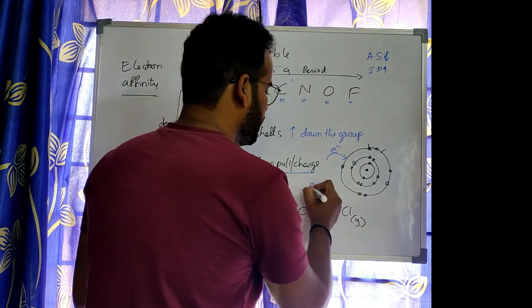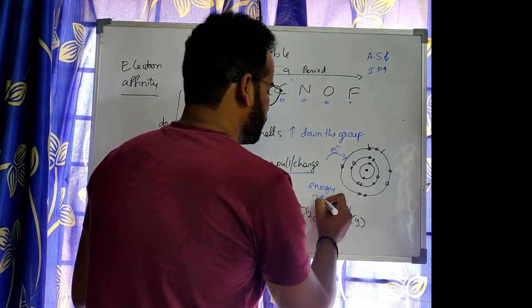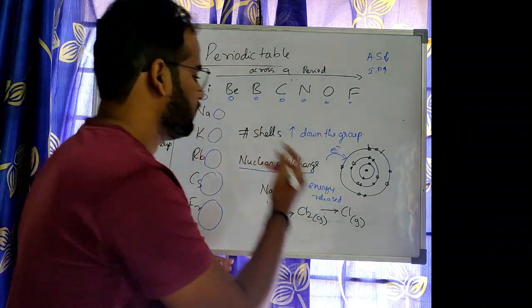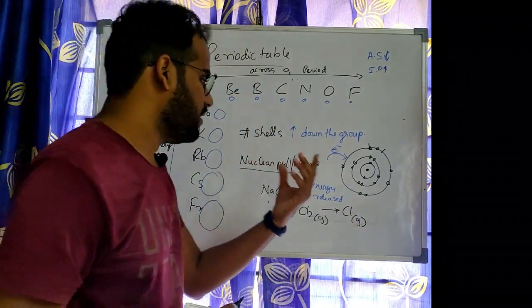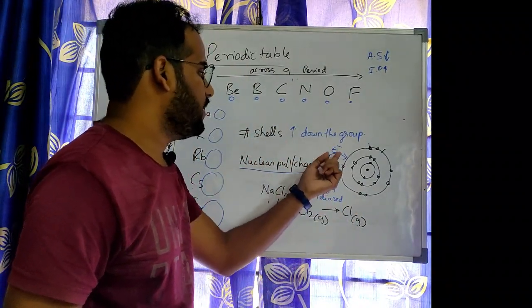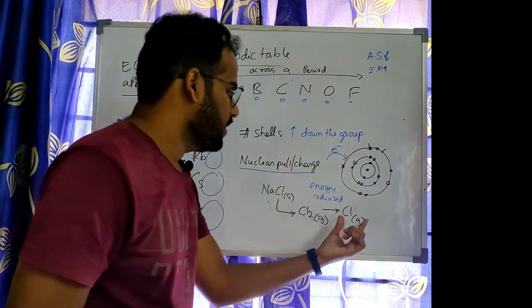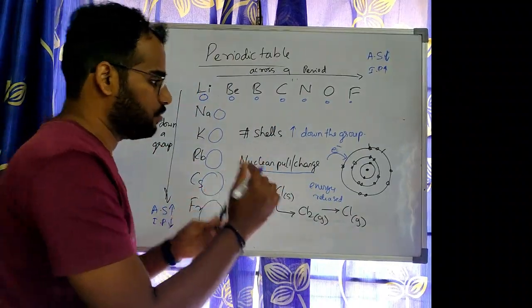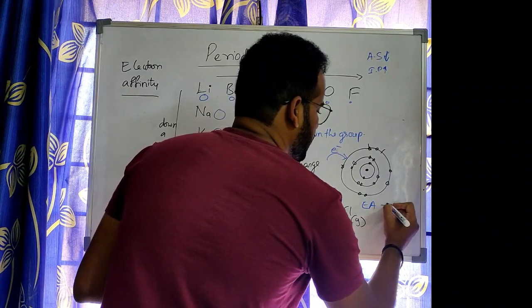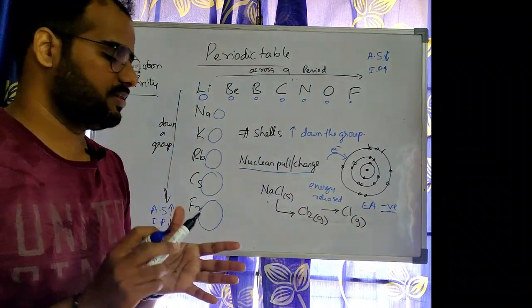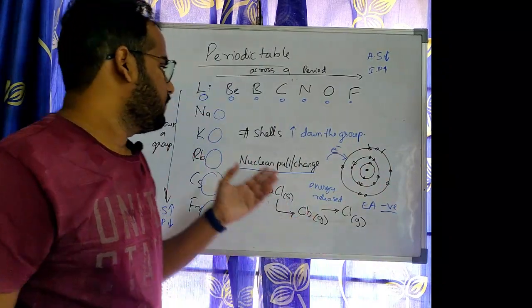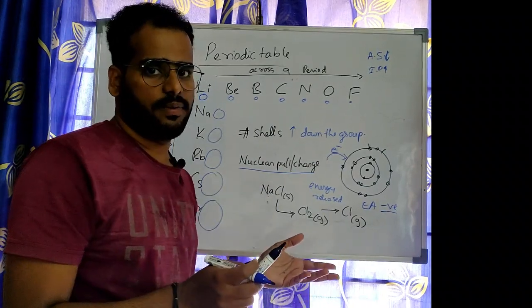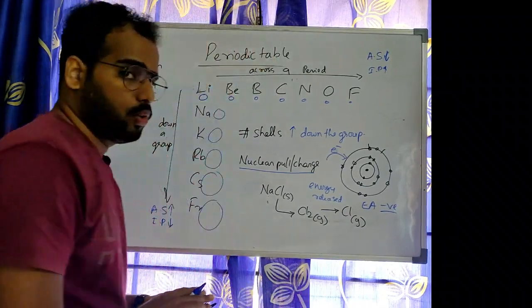So electron affinity is defined as the energy released when an electron enters the outermost shell of a neutral isolated gaseous atom. Therefore electron affinity values will be negative. The negative sign represents that energy is released. For ionization potential it will be positive. All of these are energy, so the unit will be joules or kilojoules per mole.